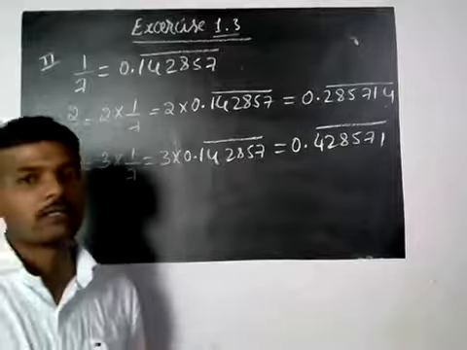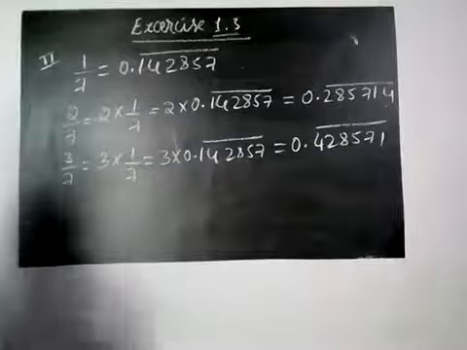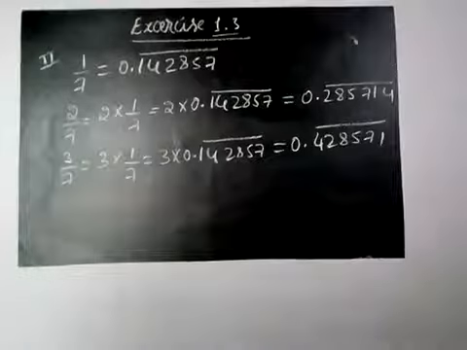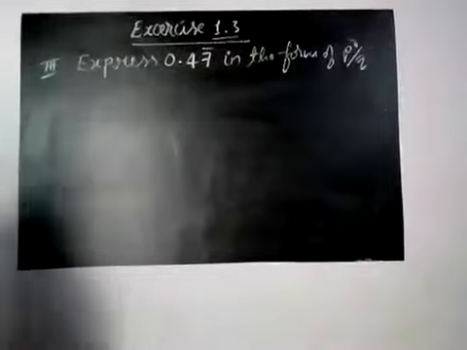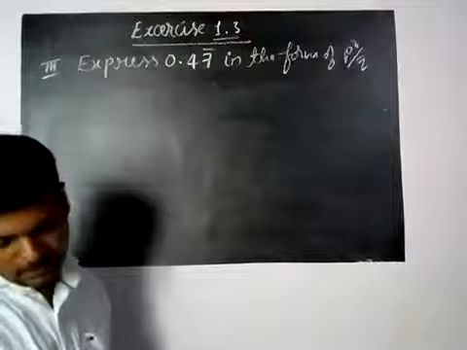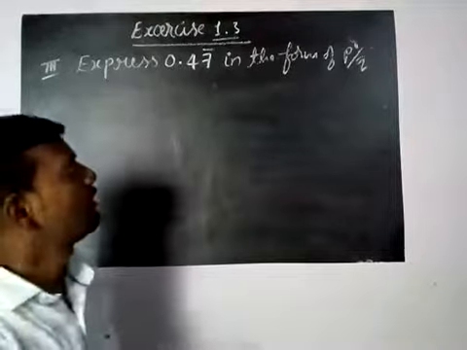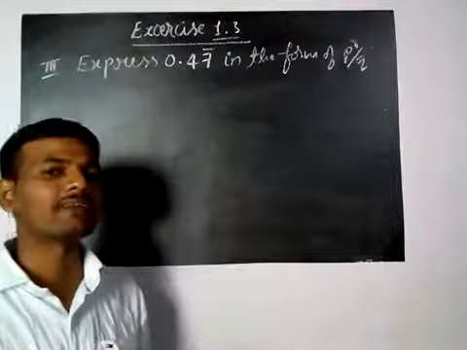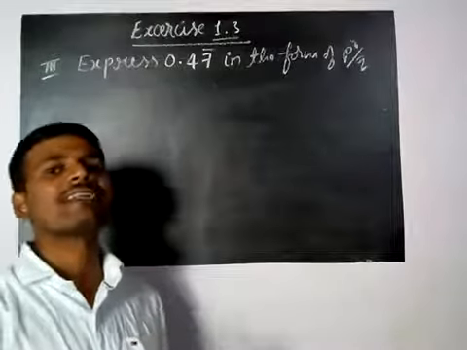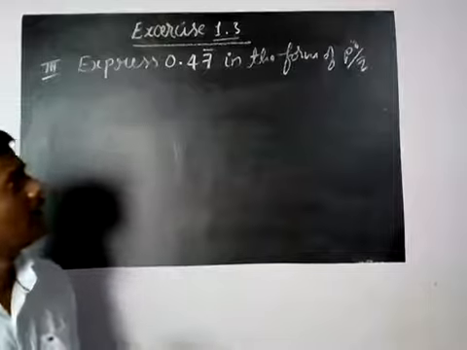Okay, let me take the third example. The third example is to express 0.47 bar, where the bar is only over the 7, in the form of p by q. That means 7 is the repeating digit in the given decimal expansion.